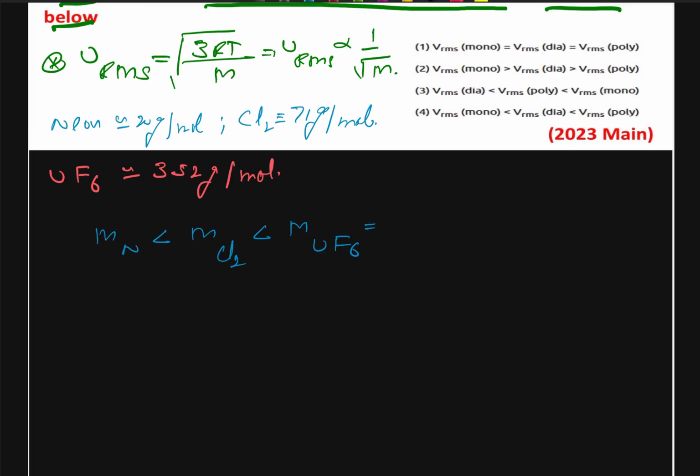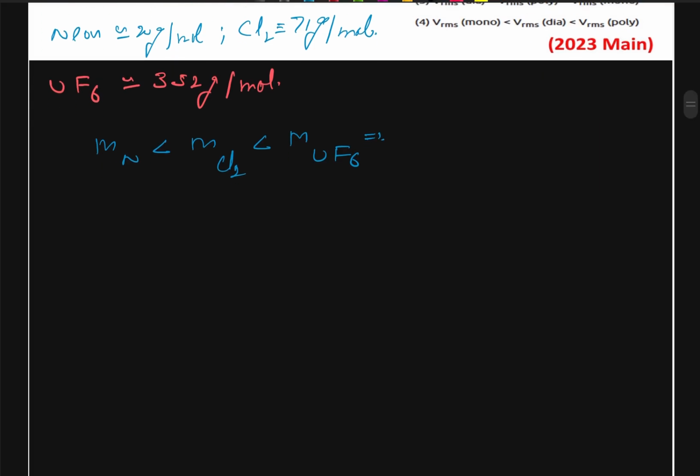So based on this, we can write that r.m.s for neon will be greater than r.m.s for chlorine, which is greater than r.m.s for uranium hexafluoride.